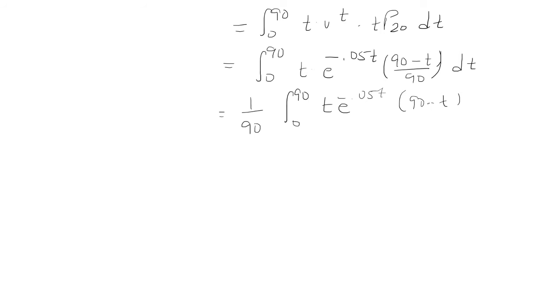I can distribute out the 90 and the negative t, so we're going to have two separate integrals.